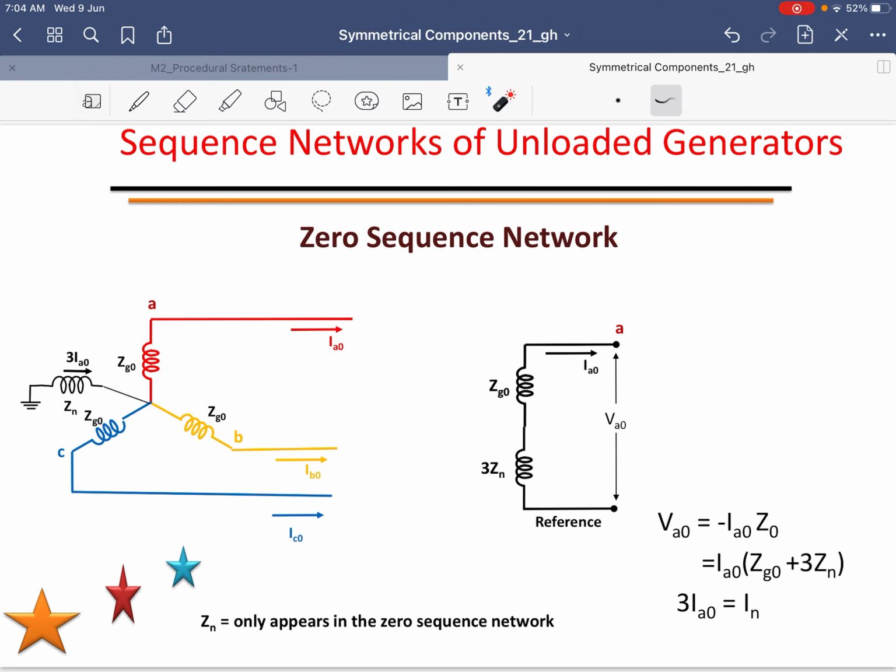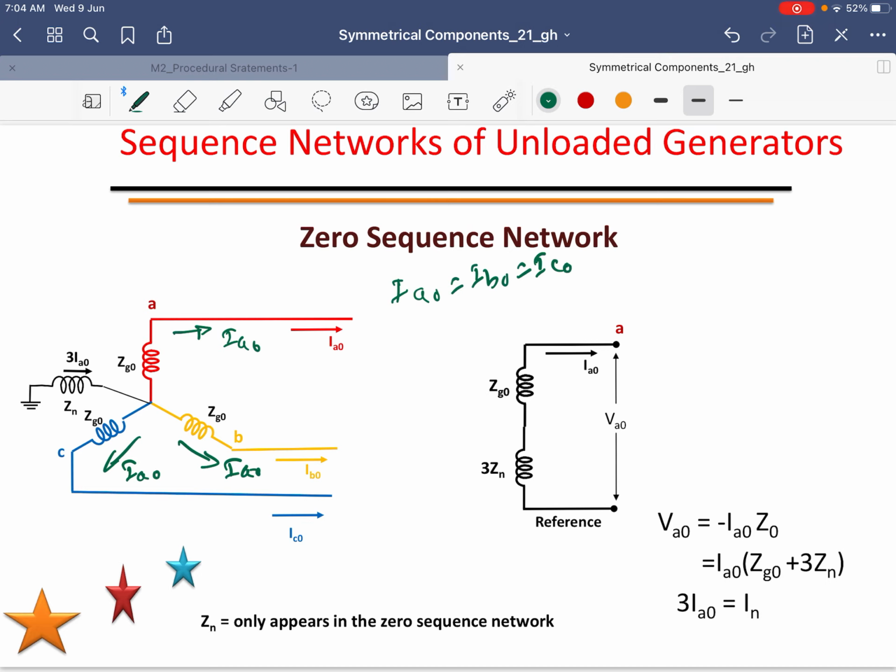Next, there is an extra network included in the zero sequence network, that is the ground. If you observe here, the current delivered by the generator is IA naught here, and also IA naught here, because IA naught is equal to IB naught is equal to IC naught.